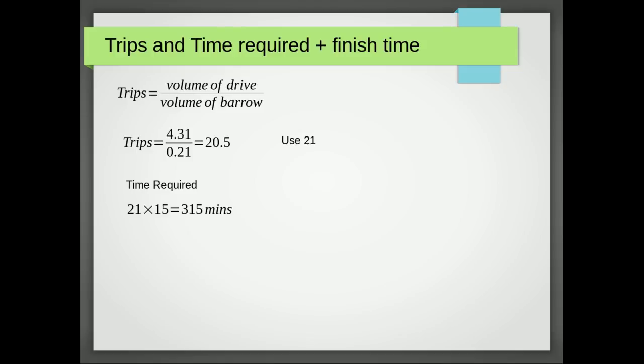Well, that's going to be 5, and there are 15 minutes left over, so that must be 5 hours and 15 minutes. So to work out the finish time, all we've got to do is add 5 hours and 15 minutes on to 7 hours and 30 minutes, and we get 12:45 p.m.